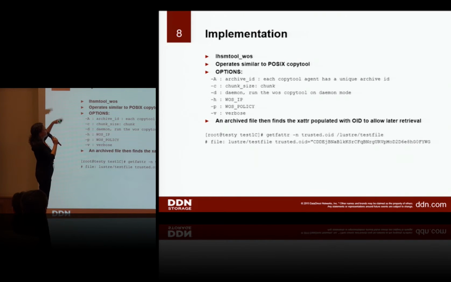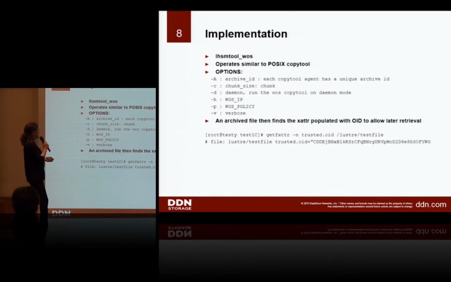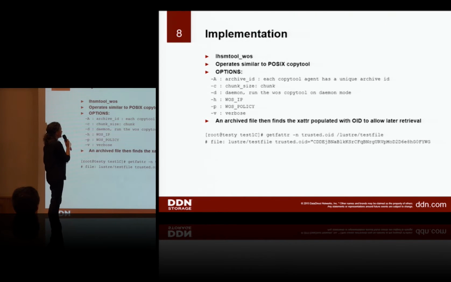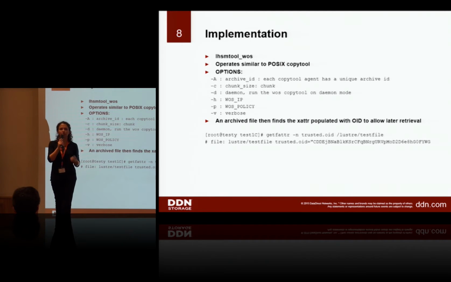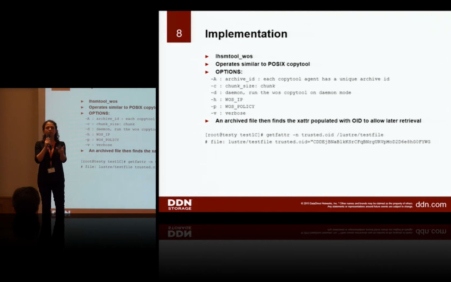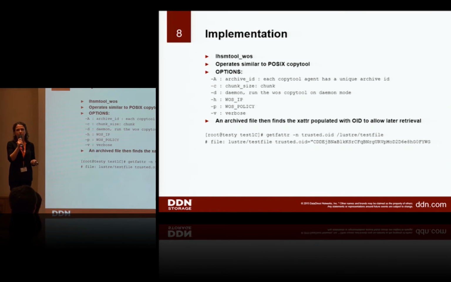When we run the copy tool, we can run it one at a time, or we can run it in daemon mode. Mainly when we run the copy tool, what we specify is the IP of our storage system and the policy. With that we say where we are going to save the data and in which way that information is going to be saved.